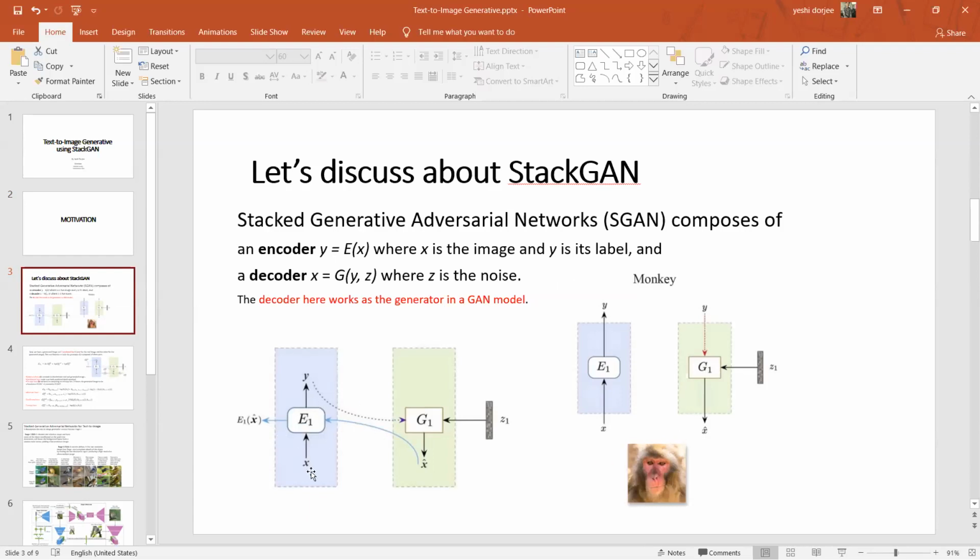We input X to the encoder and it produces some labels, and those labels go to the generator, and we also give it noise. There are two different types of label: one is from the real image and one is from the generated image.